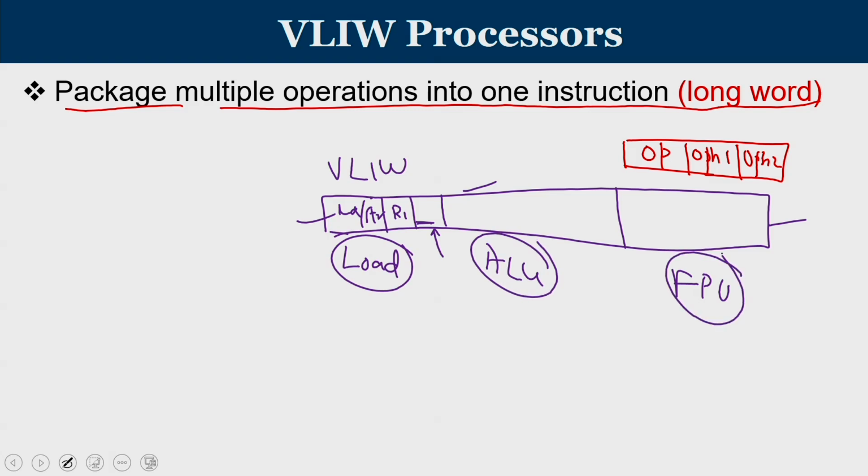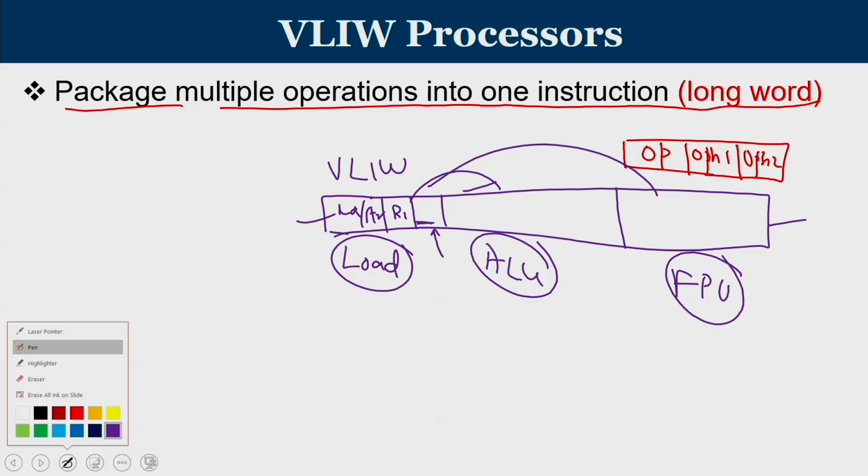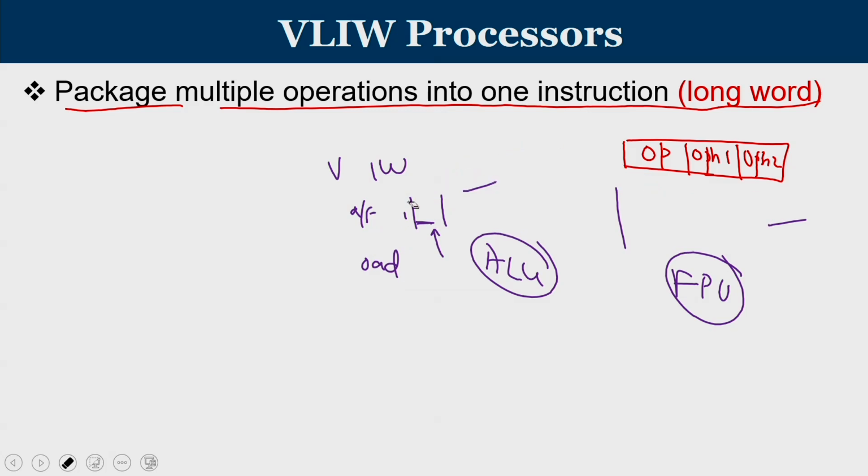For this to happen, there should not be any dependency between them, and it is the role of the compiler to bundle, to group instructions like this. This whole concept is known as very long instruction word. So, from a sequence of instructions, I have to find groups of 3 instructions together, which is known as an instruction bundle as well.